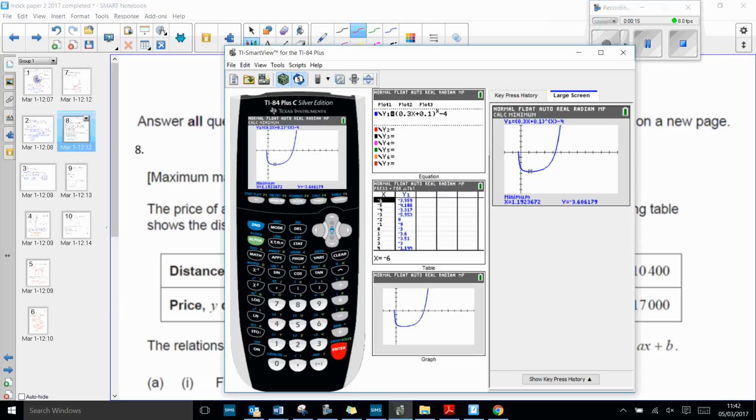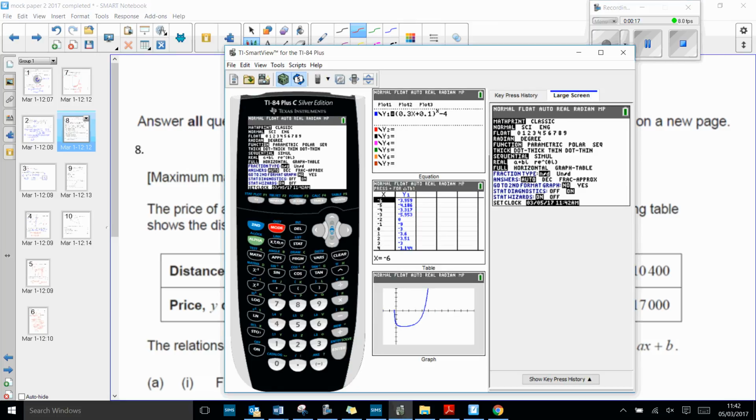So let's quit out of this. Make sure our diagnostics is on. If you look at the bottom of the mode page, it says stat diagnostics off or on. Ours is on, so that's good.